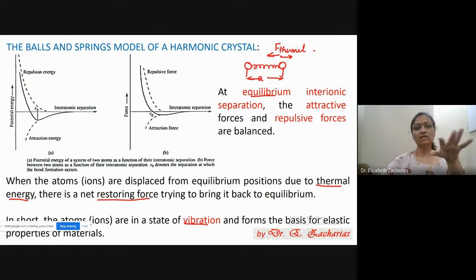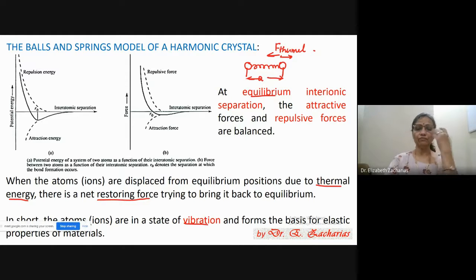Okay, then I talked about the ball and spring model. So you can assume that the ions or the atoms sitting at these positions behave like balls connected by springs. So what are these springs? The springs are basically the bonds. And this bond length can be a, which is equilibrium, or they can vibrate so that the bond length becomes larger or smaller.